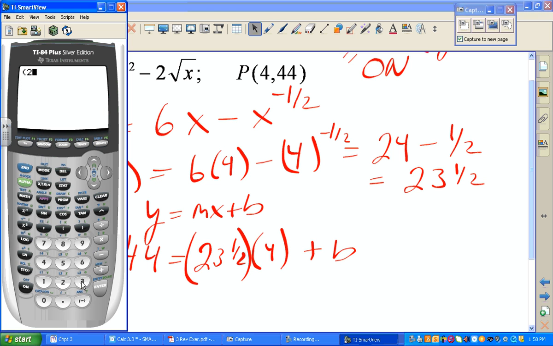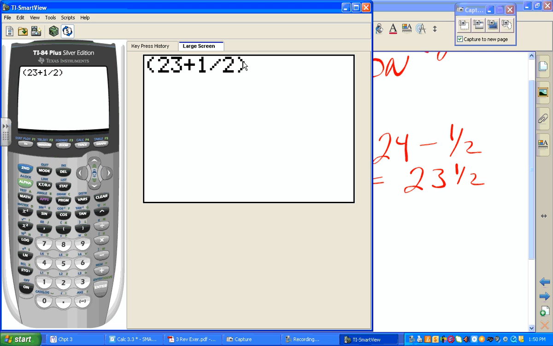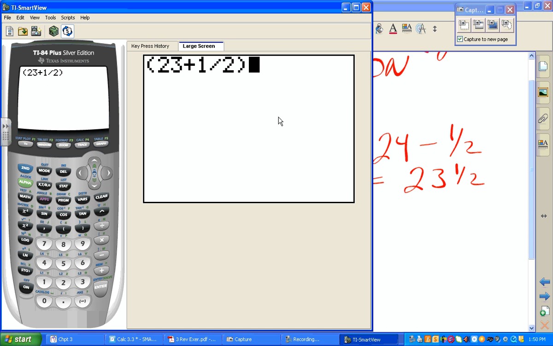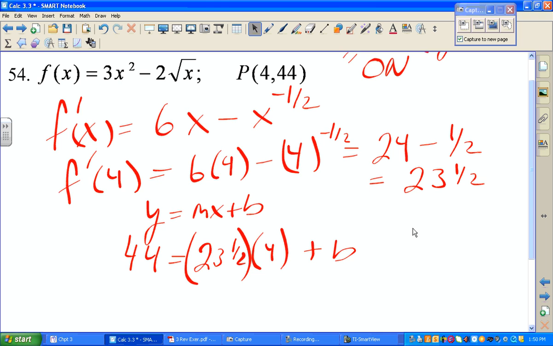Remember, mixed numbers. Now, yeah, you can do the decimal, but a lot of you won't know decimals for like 7/8, things like that. That's how you enter in a mixed number, 23.5, okay? I think we talked about that last year. You can, but I just said you won't know all the decimals all the time for all the fractions. Times 4. So 44 minus 94, negative 50.